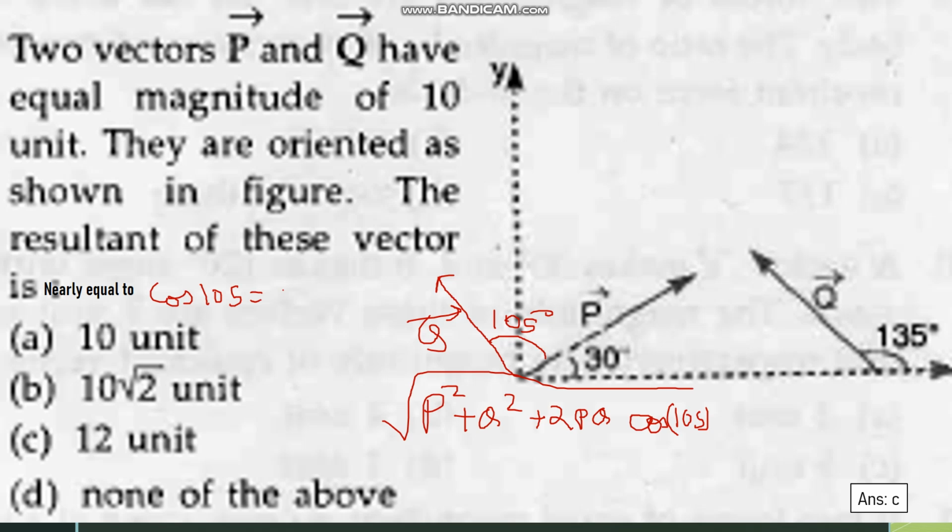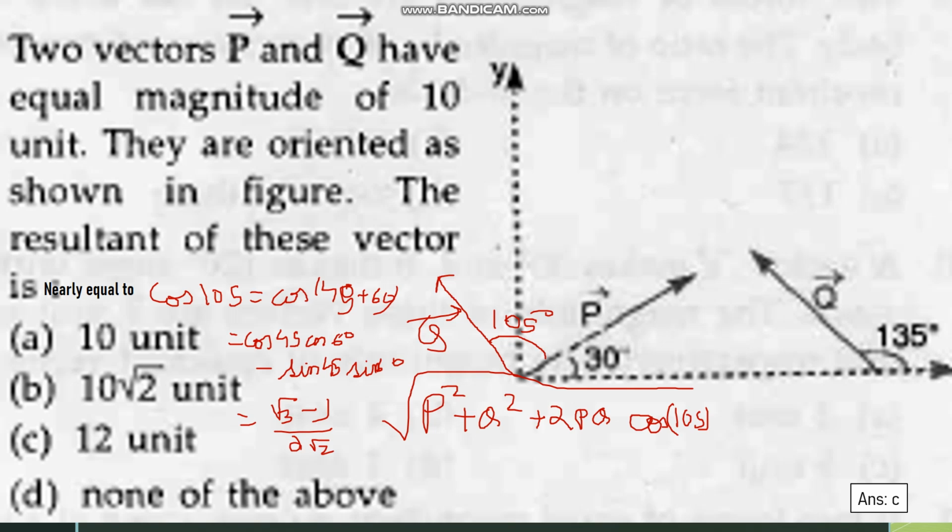Cos 105 is equal to cos of 45 plus 60, which is equal to cos 45 cos 60 minus sin 45 sin 60, which comes out to be root 3 minus 1 by 2 root 2.